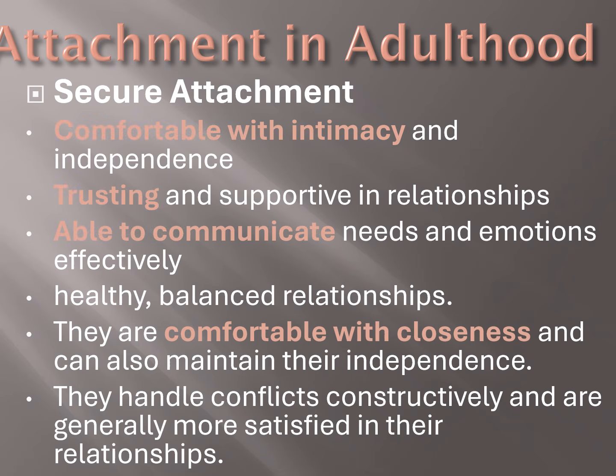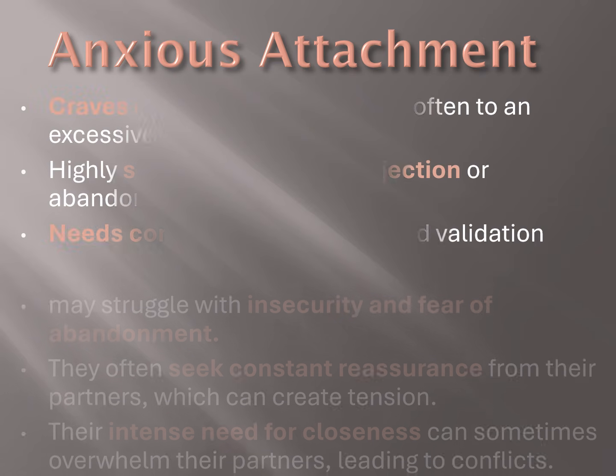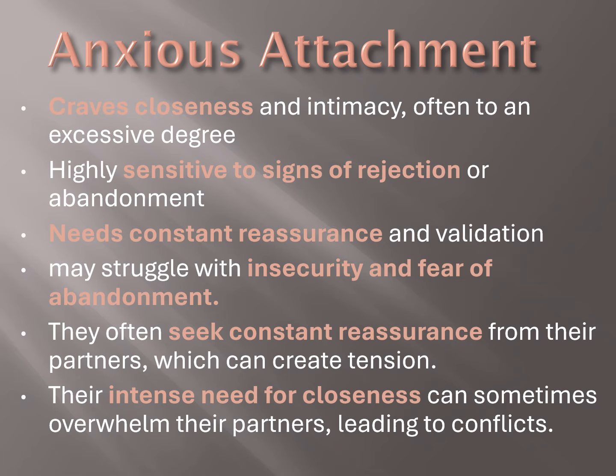Notice that in adulthood, when you're securely attached, you're comfortable, you're trusting, you communicate, you handle conflicts constructively. Those types of things carry over if you were securely attached as an infant. Anxious attachment is where you crave closeness and you don't like rejection.